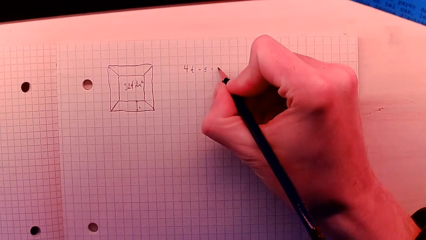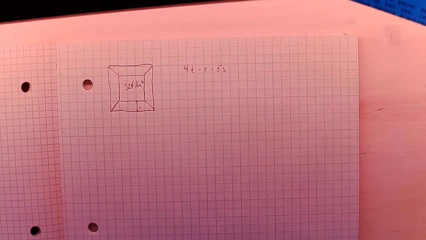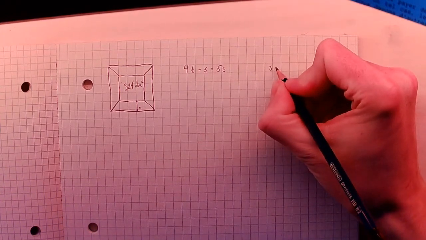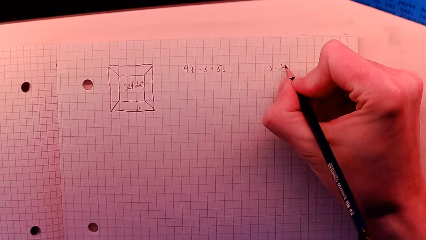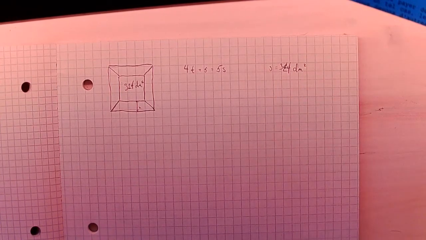So 4t plus S is equal to 5S. We also know that S is equal to 324 decimeters squared. And it's asking us to figure out what h is.